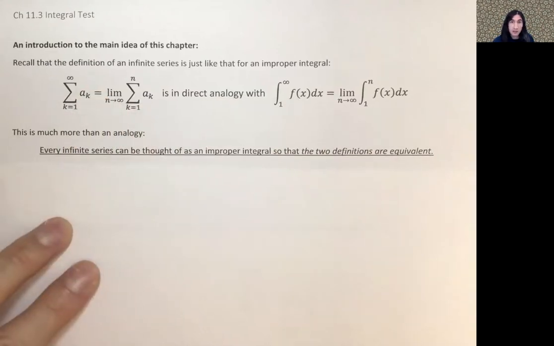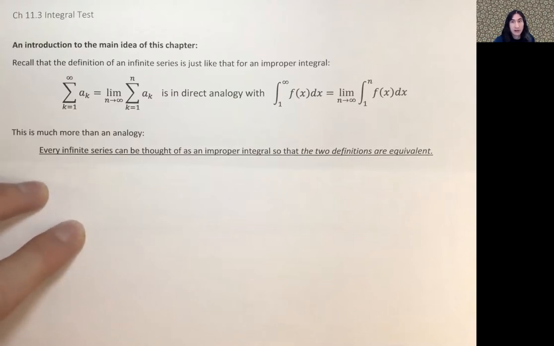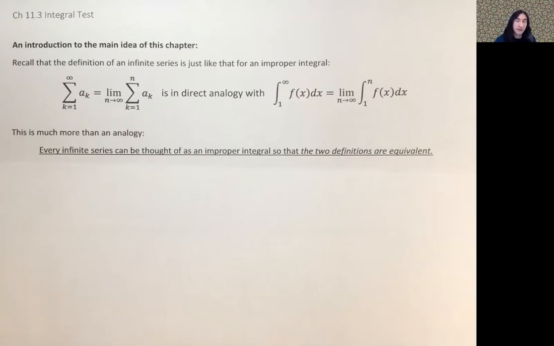This is actually much more than an analogy. We can actually think of every infinite series as an improper integral so that the two definitions are exactly equivalent. In other words, I could have defined infinite series as nothing more than a specific type of improper integral.